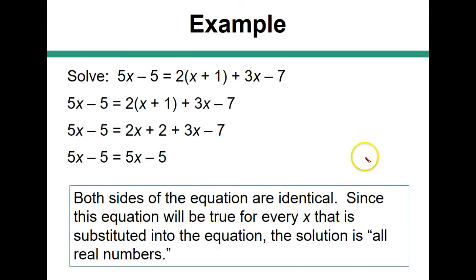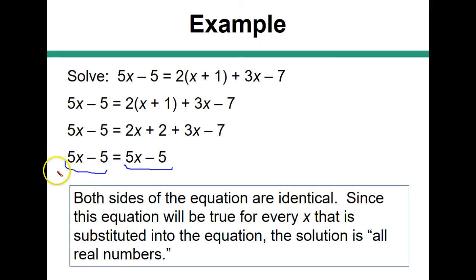Now here we see another example where it looks like a real equation, and we clear parentheses, group like terms, and then when we get to this stage, we see it is exactly alike. Well, this equation is called an identity because one side is identical to another.